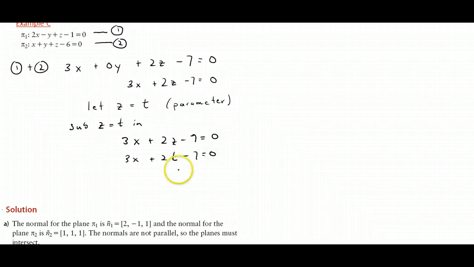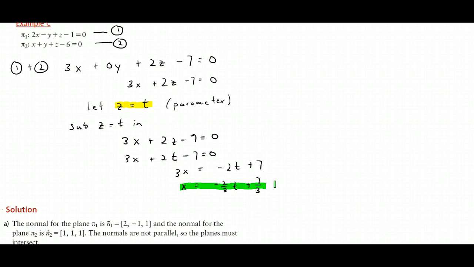And then rearranging this for x, I get 3x equals minus 2t plus 7, or x is equal to minus 2/3 t plus 7/3. So we've found the variable z in terms of this parameter, and we found the variable x in terms of the parameter.